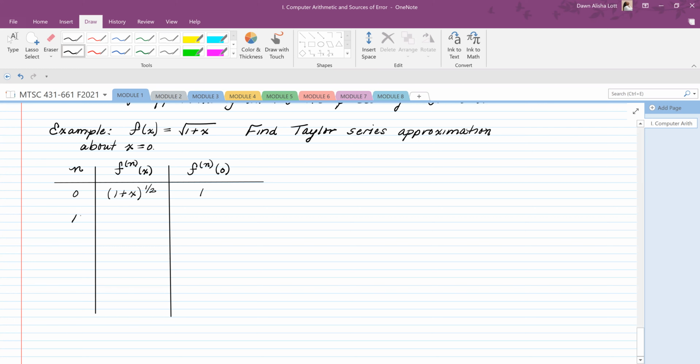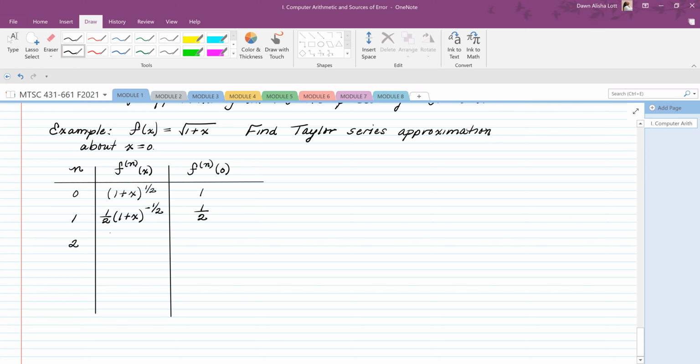When I do the first derivative, I get 1/2 times 1 plus x to the minus 1/2 power, and when I evaluate that at x equal to 0, I just get 1/2. The next one is the second derivative.